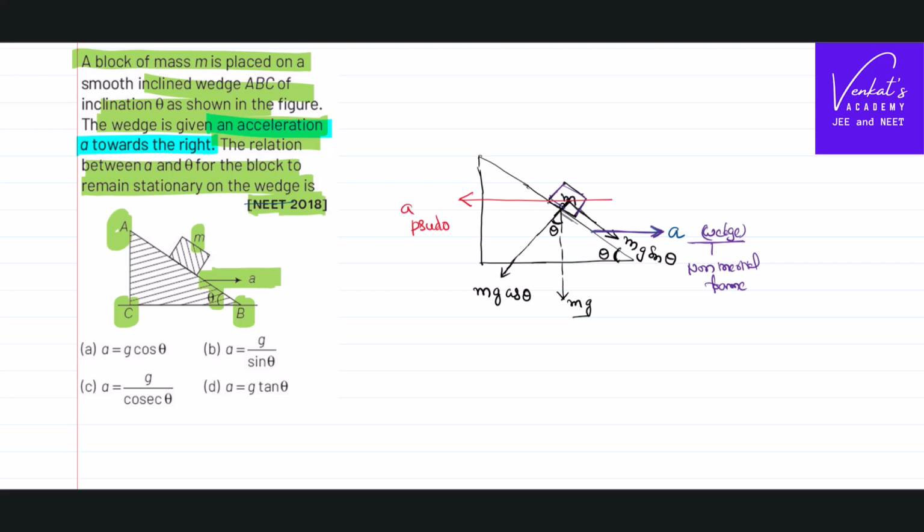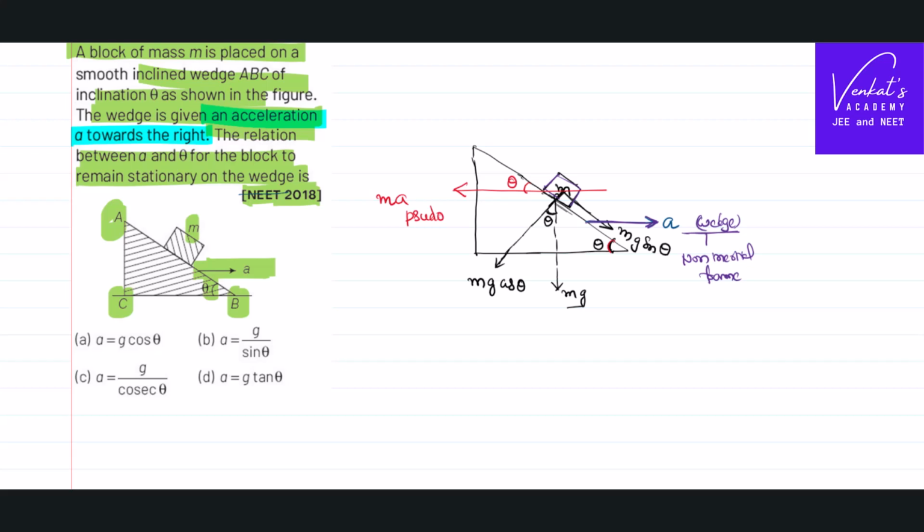Being this angle is theta, this angle also becomes theta. So there will be a pseudo force, m A pseudo, which can be again resolved into components. This becomes its adjacent component, mA cos theta.